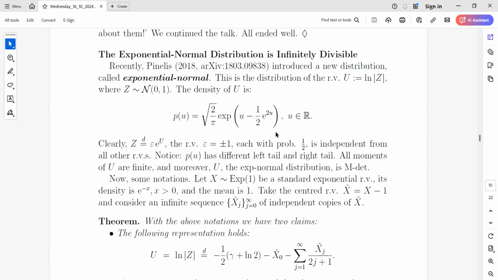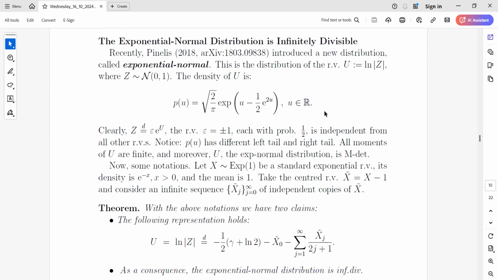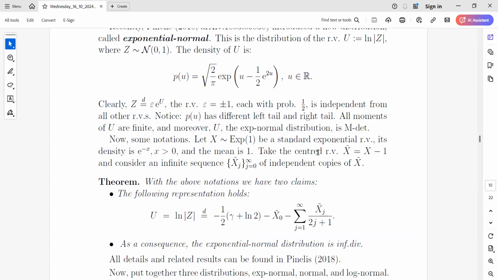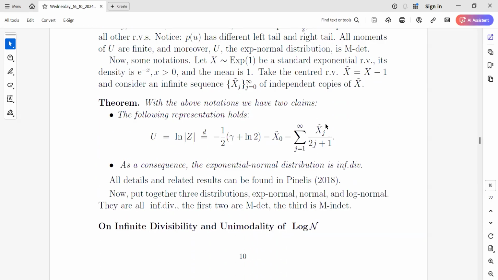And now, what we know is that the normal distribution is infinitely divisible. And the question which Pinelis discussed in this short but nice paper is about the infinite divisibility of the exponential normal. Here is one of his results. I have given the result in a little bit different order, which I like more.